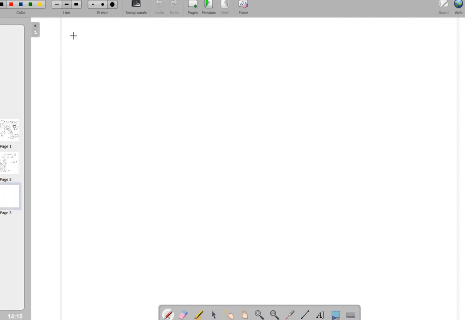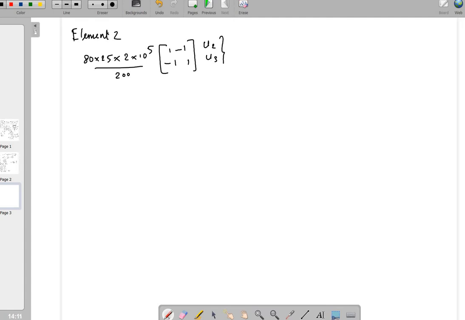For element 2, I am writing directly AE by L. The area is 80 into 25, into 2 into 10 power 5, by the length of the element, which is 200. 1 minus 1 minus 1 1, times the U2 U3 vector, which is equal to F2 F3.